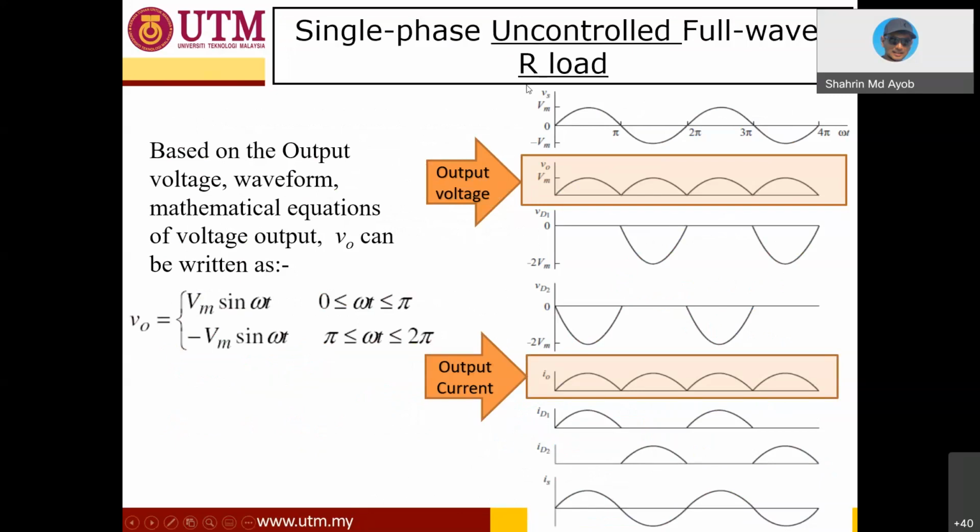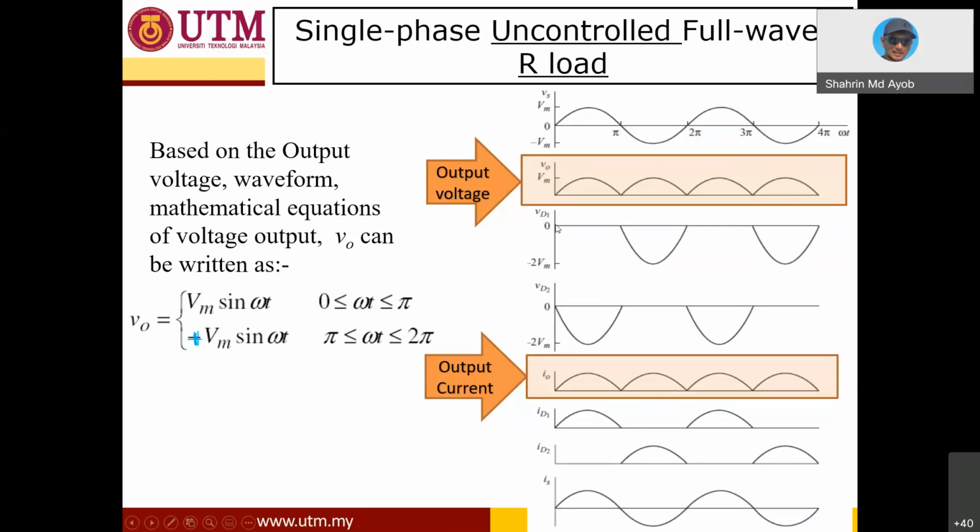So this is the waveform associated with the center tap. I think this one also needs to be corrected. It should be positive. All the half cycles should be positive. As you can see, this one is the voltage blocking, the voltage across the diode.